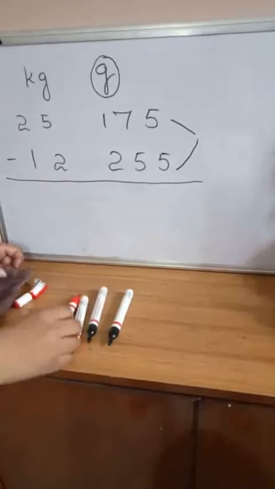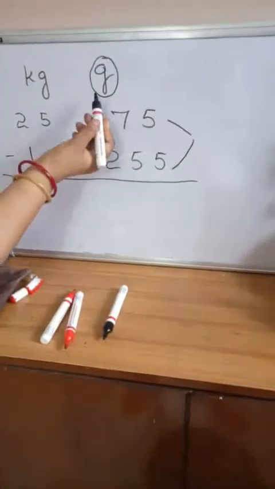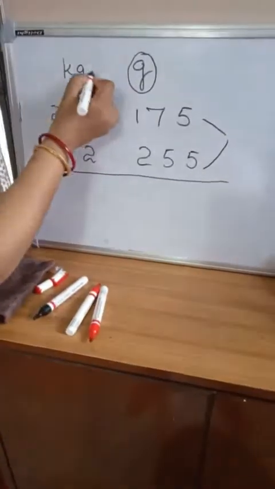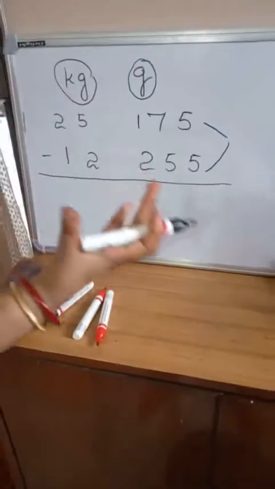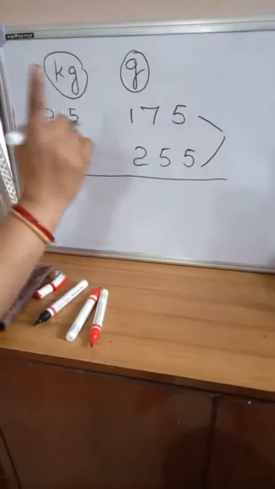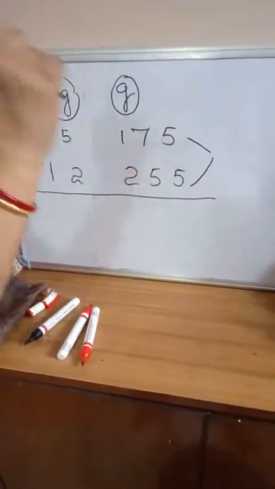From where will I borrow? I will borrow from the richer person, the bigger unit, not from gram but from kilogram, the bigger place value. I can borrow only 1.